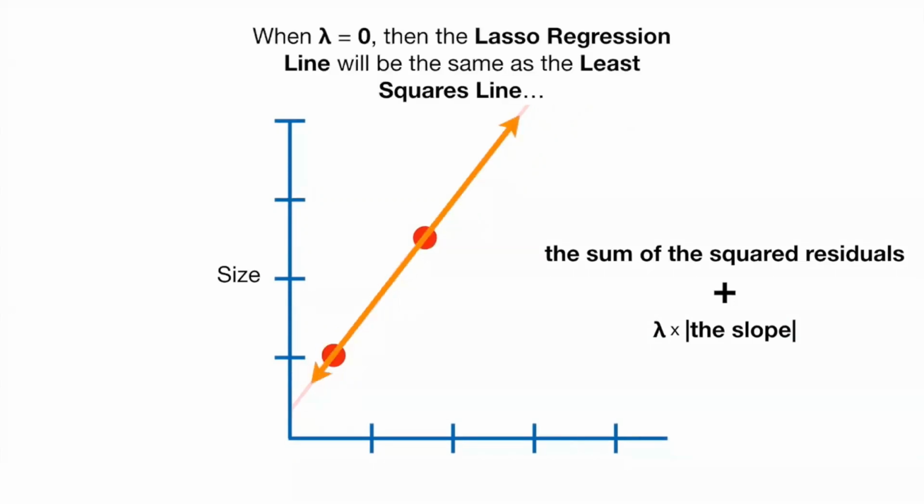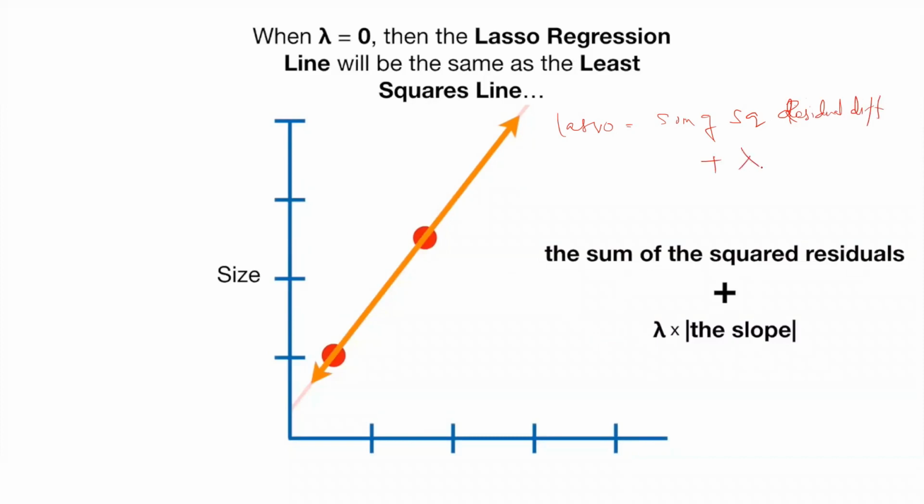When we have lambda equals to 0, obviously there is no difference between a squared residual and the penalty. So the penalty is ultimately 0. So lasso has sum of square residuals plus the penalty.